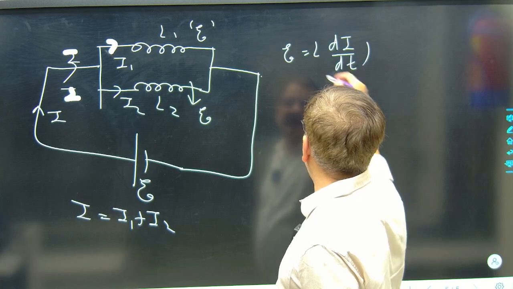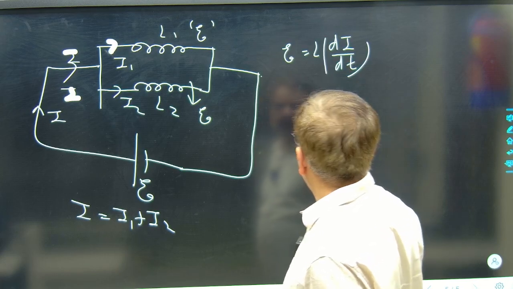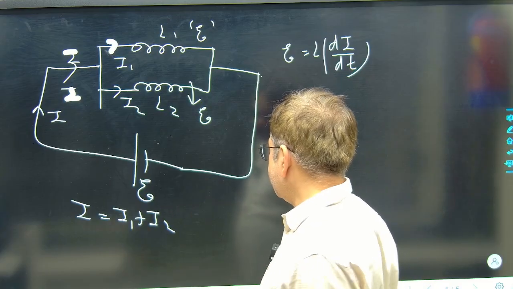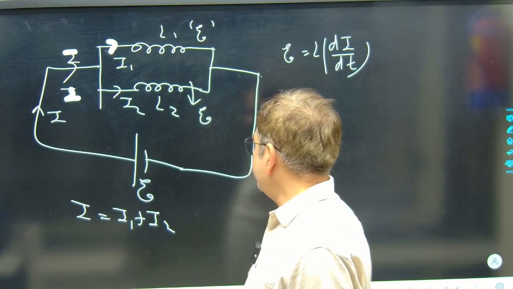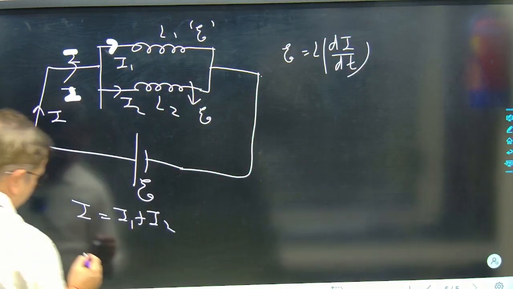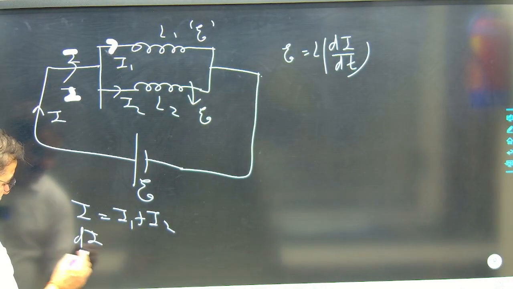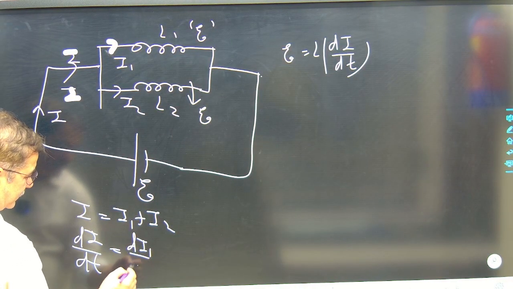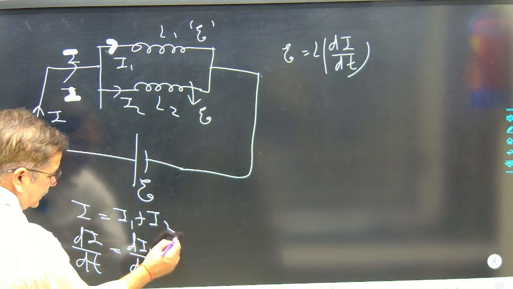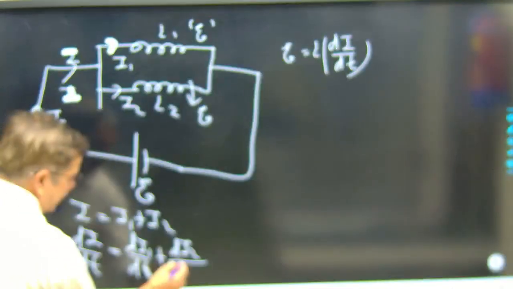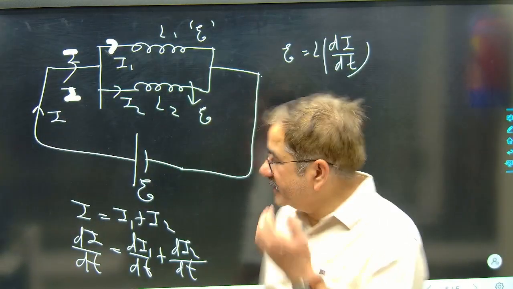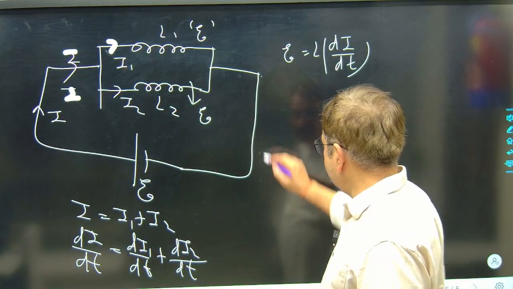Now for the current, I is equal to I1 plus I2, so I will also say that di by dt will be equal to di1 by dt plus di2 by dt. This is also correct. The rate of change of current will also go in the same way.